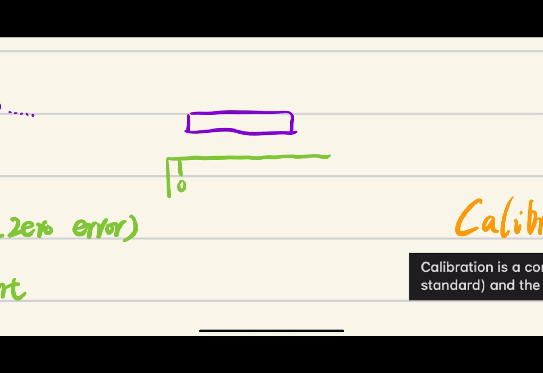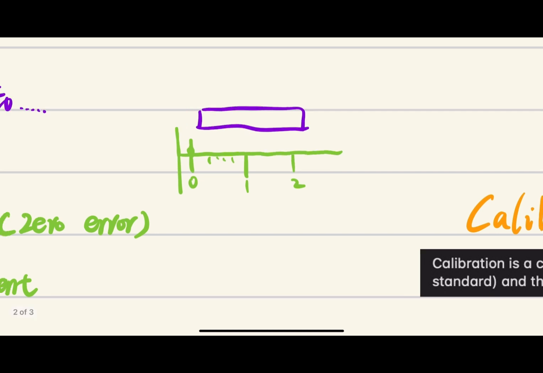Zero might be here, and then one and then two. So it doesn't start from the point where we want it to start, but you always measure from here. So now you have a systematic error: the measurement that you are taking is always lower.